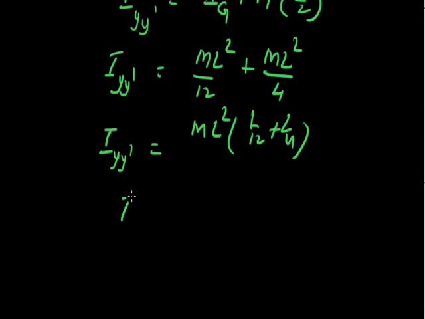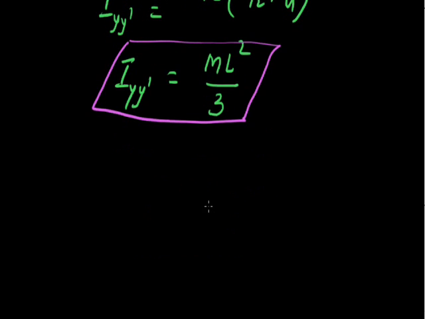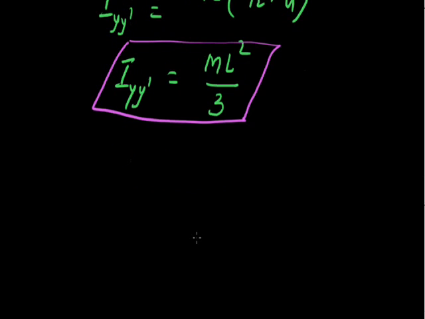With 12 as LCM, that is 3 plus 4 over 12, which gives 1 by 3, so m L square by 3. This is the moment of inertia of the rod about the axis passing through one end. This way we can easily find the moment of inertia about any axis which is perpendicular to the rod.